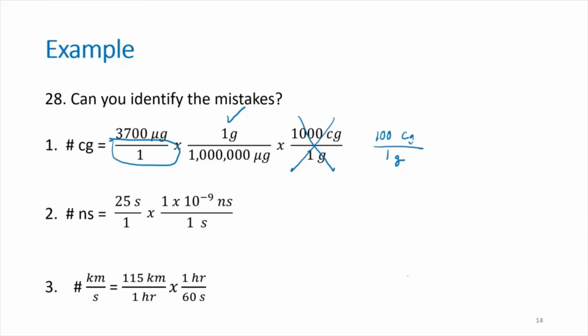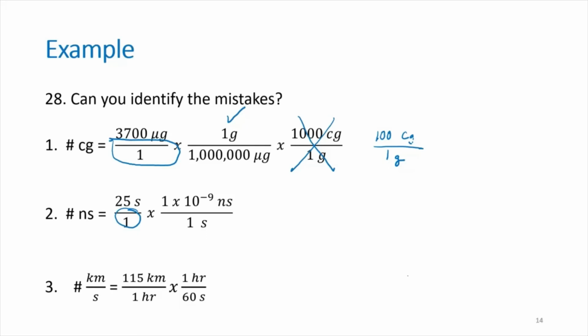What about the second one? Got 25 seconds. And again, I don't care about this divided by 1 here. 25 seconds, and I'm converting this to nanoseconds. I've got 1 times 10 to the negative 9th nanoseconds per 1 second. But a nanosecond is 10 to the negative 9th, right?